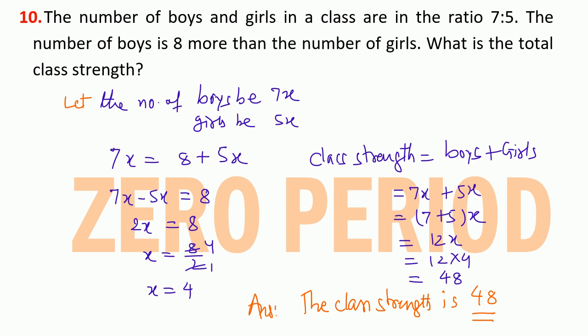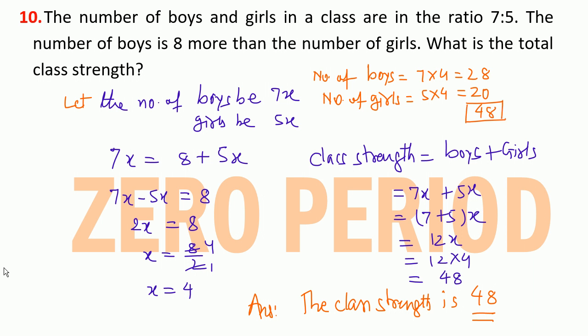Students, I want to suggest you one more thing. Here when you get the value of x, you can get the number of students in terms of boys and girls also. Number of boys is equal to 7 into 4, it is 28, and number of girls, it is 5 into 4, so it is 20, and by adding these two you can again get 48.